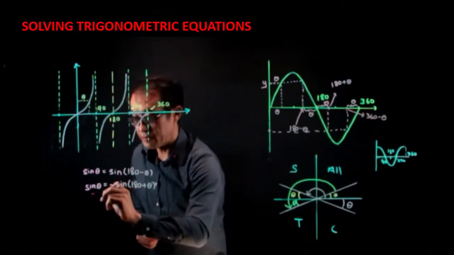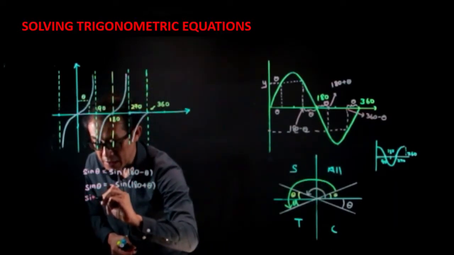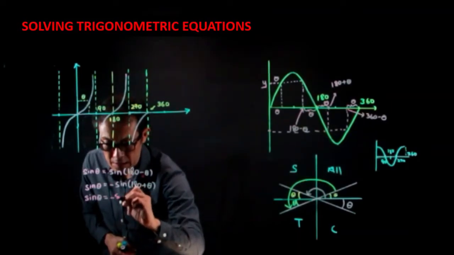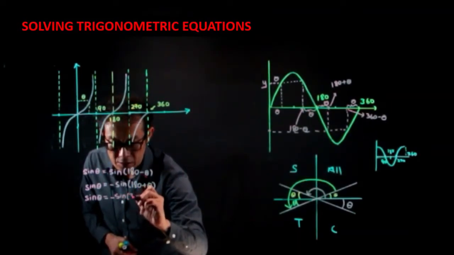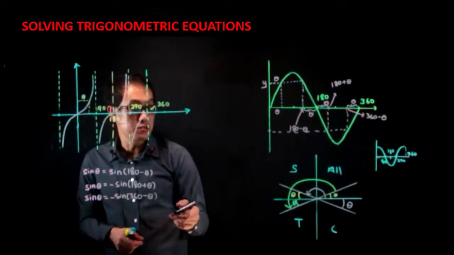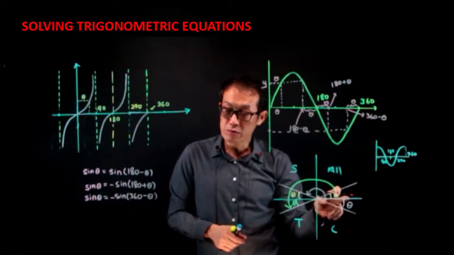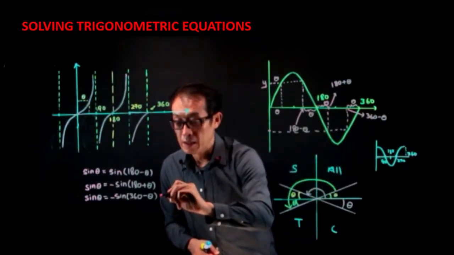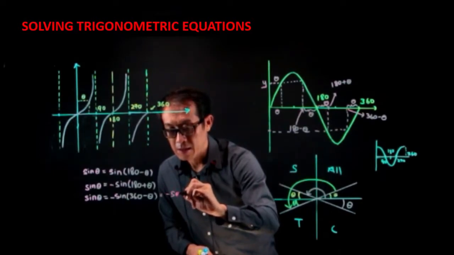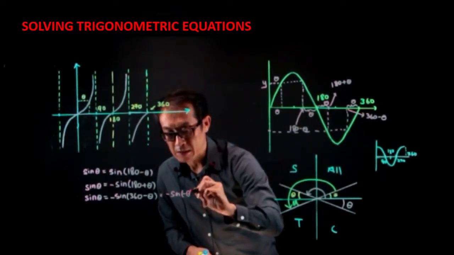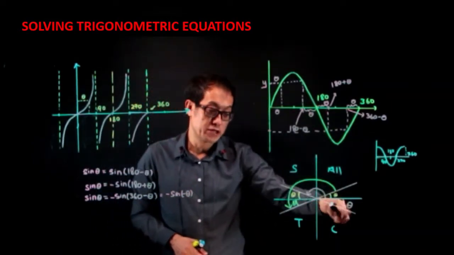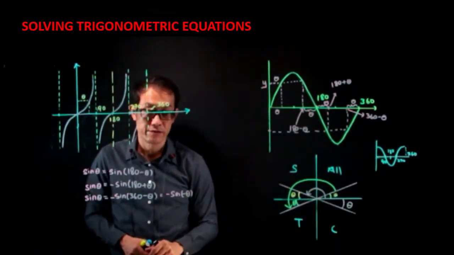So we have sine theta equals minus sine 360 minus theta. Sometimes we write 360 minus theta as minus theta, because it's measuring this way, it's negative.